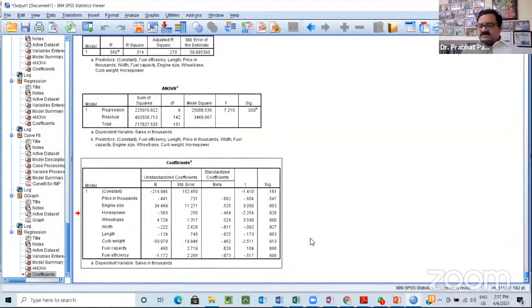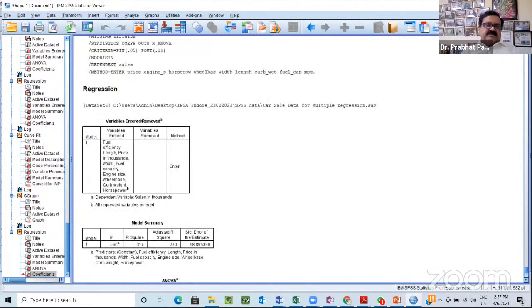They are not bothered about efficiency or any other thing. Or even cheaper cars, I mean, we can't be sure because price is not a significant factor. So it's only the big car and the sturdy car that is going to be sold in the market, which is not a very good reason to believe that this is a good analysis of the car market.